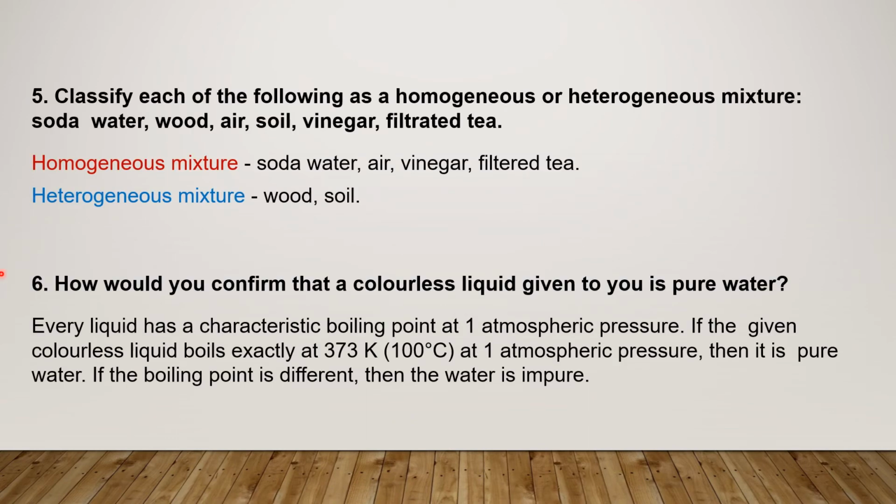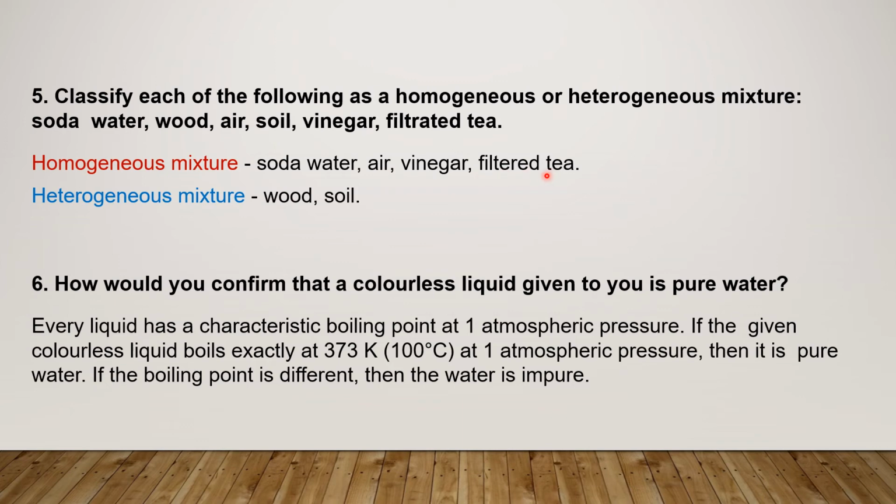Question number 5. This question you can do in your textbook. Classify each of the following as a homogeneous or heterogeneous mixture: soda water, wood, air, soil, vinegar, filtered tea. Among those substances, homogeneous mixtures are soda water, air, vinegar and filtered tea.